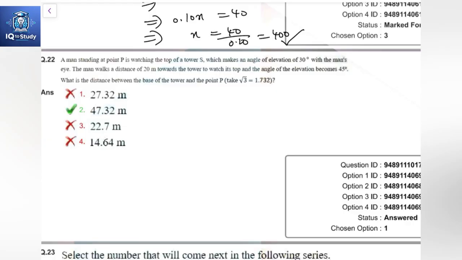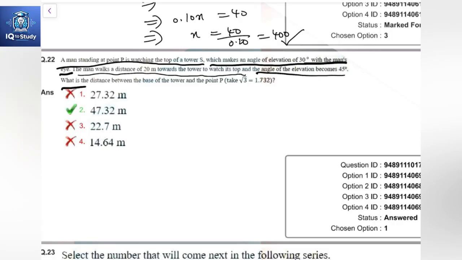A man standing at point P is watching the top of a tower S, which makes an angle of elevation of 30 degrees with the man's eye. The man walks a distance of 20 meters towards the tower to watch its top, and the angle of elevation becomes 45 degrees. What is the distance between the base of the tower and point P? Let it be the tower, and he is standing at point P and watching the top of the tower.